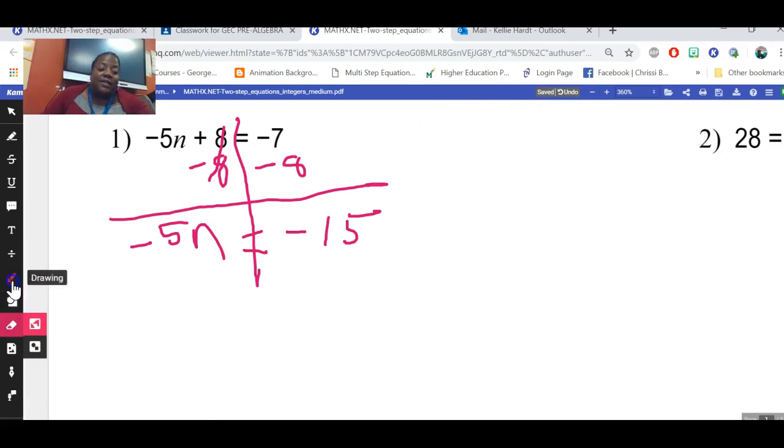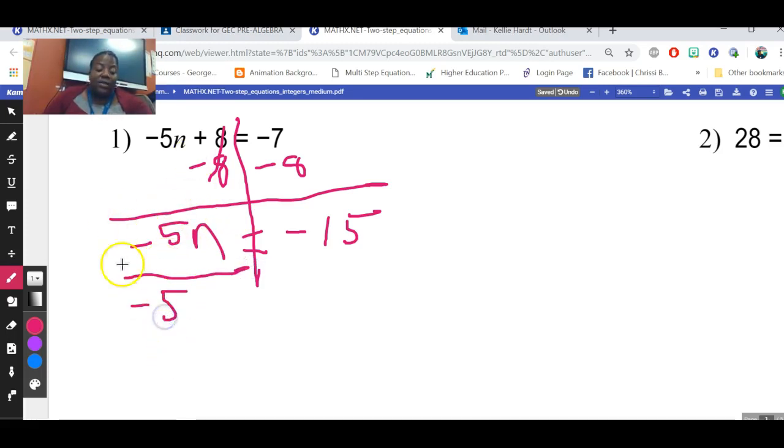Now that you have done that, you have broken it down to a one-step equation. And it's still not by itself, so what are we going to do? We're going to divide, because a number right beside a letter means multiply. The opposite of multiplication is division. So I got a -5 here, and then divide out a -5 here. What happens is -5 will go into -5 one time.